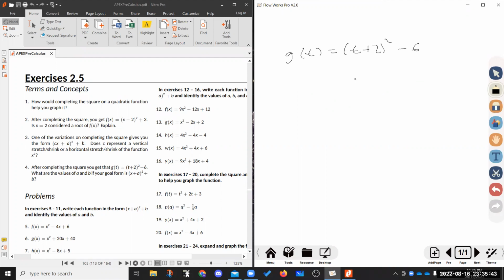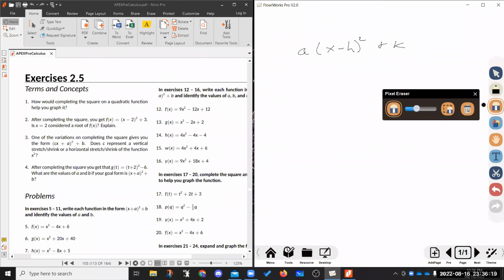So I don't like that form because a and b are not telling you anything about the vertex that way, but a is 2 and b is negative 6 according to that form because they're keeping the signs the same there. My form that I am going to be using throughout this video is a times x minus h squared plus k. That's always what I'm trying to get to when I complete the square because I want to get it in vertex form of the parabola.